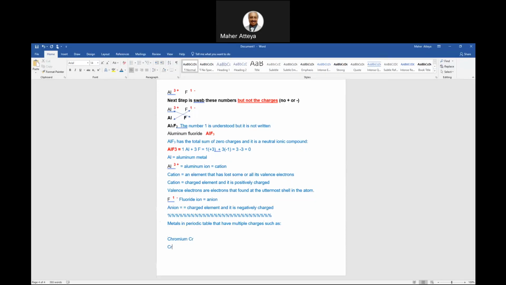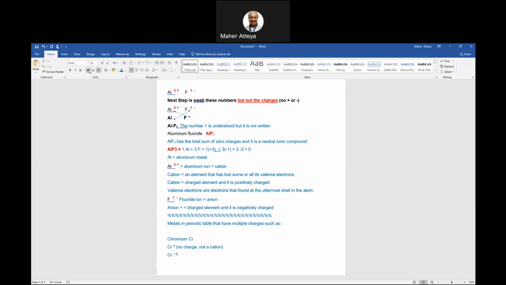Chromium starts with no charge. No charge is 0, so 0 means no charge, not a cation. That's no charge here, so this is not considered. Then you come here and put chromium, and then you put plus 2.